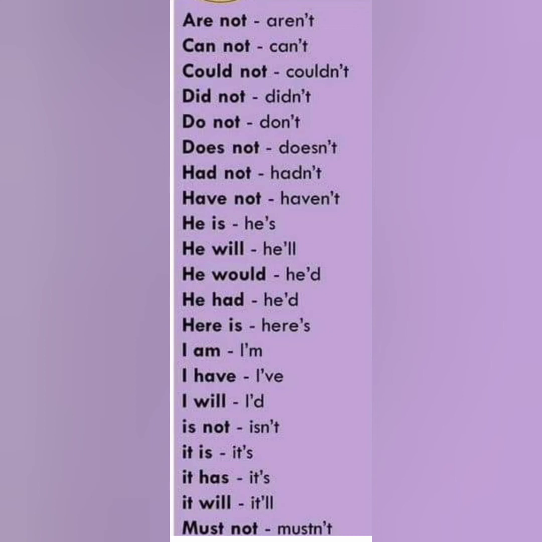So most of the time you can see that if two words are there, and from those two words if not is there, the letter O should be removed, and instead of that we put the apostrophe to get a contraction form.